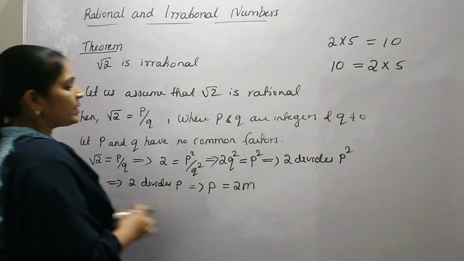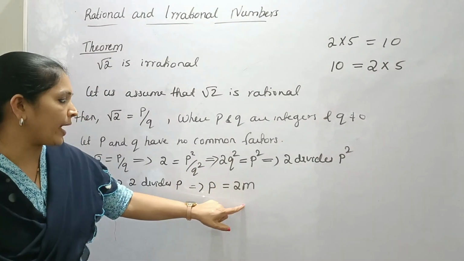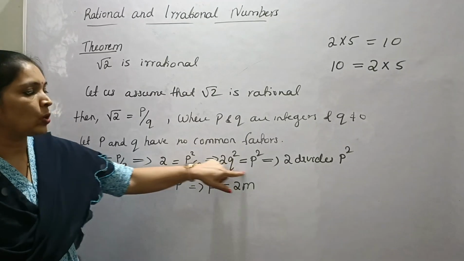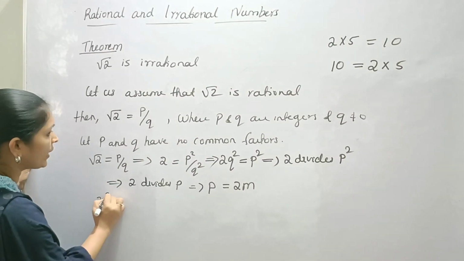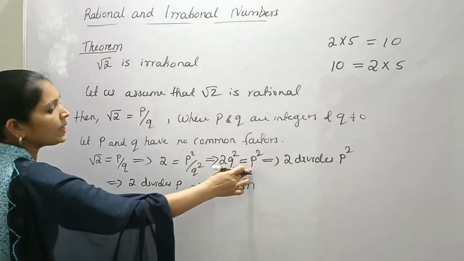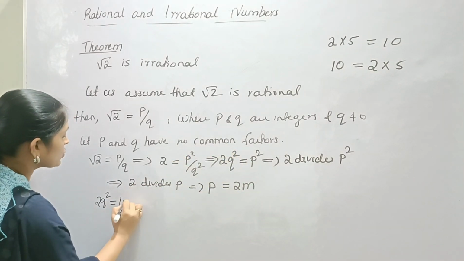Then let's substitute p is equal to 2m in this equation. So we get 2 into q square is equal to p square, which is 4m square.